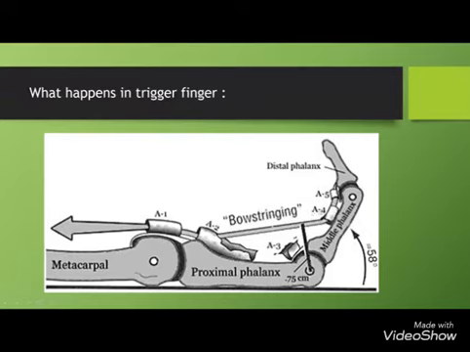If you are doing extension and this happens, then you won't be able to flex the finger, and in this picture you won't be able to further flex or extend the finger because of these disturbed pulleys. That happens because of an inflamed flexor tendon or flexor sheath.